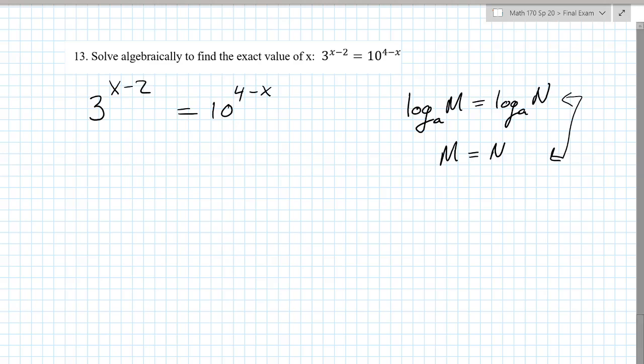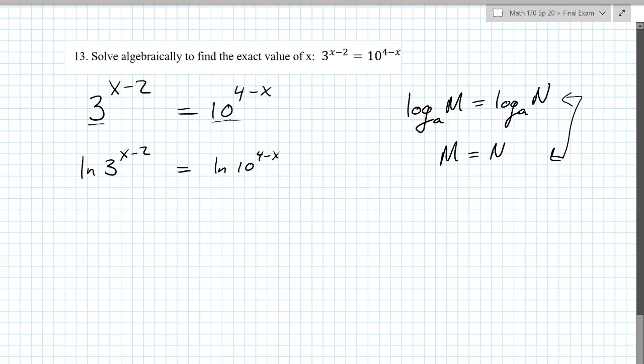I prefer to use the natural log for these problems just because ln is shorter to write than log base whatever. Some convenient bases to use in this problem could be log base 3 because we have a base 3 here, or log base 10, the common log.